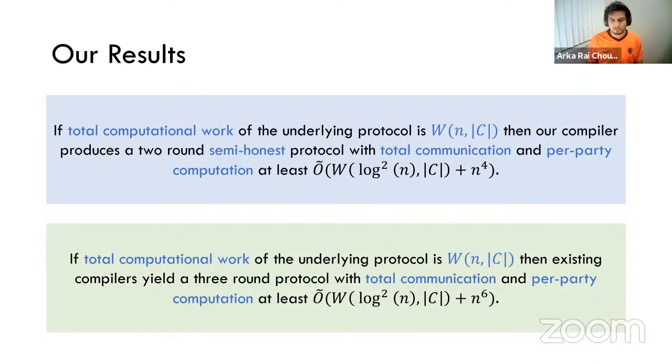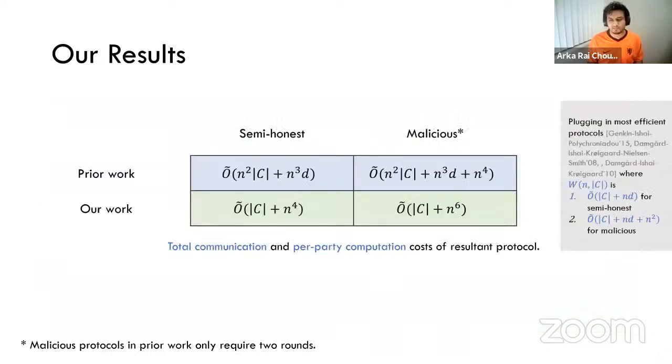So how does it stack up against prior work? If you instantiate prior work with the best known MPC protocols, say protocols that achieve total work roughly O tilde the circuit size, then prior work even in the semi-honest setting gets an N square multiplicative overhead, and the additive factor is also reasonably large, N cube.